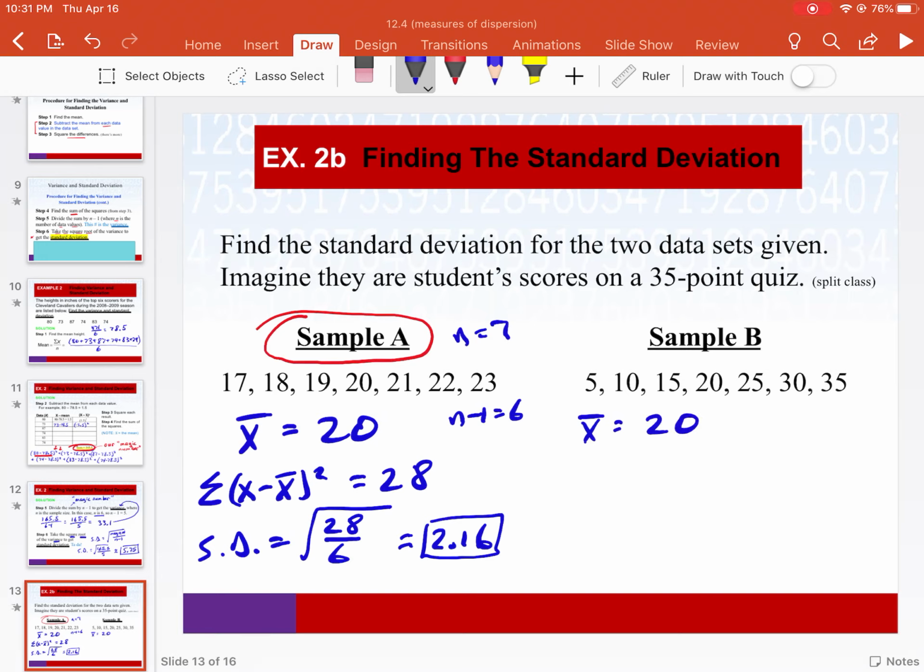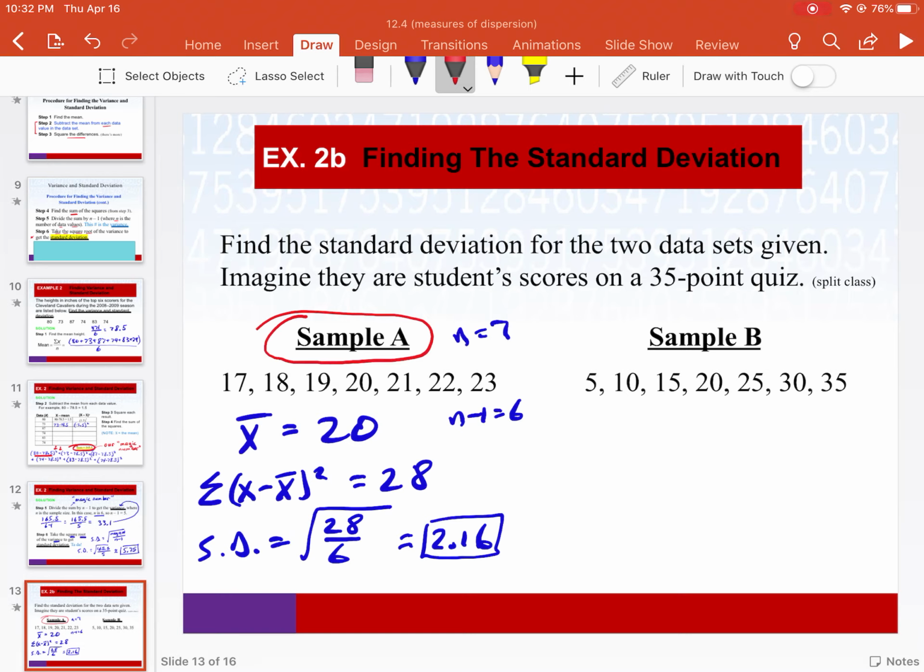So isn't this interesting? Here's what we're doing on this problem that I should have given you some context for. I am sorry, I just got excited about the calculator stuff. Here are two different classes that took a 35-point quiz. Sample A is 7 results and sample B is 7 results. If you just look at these two samples, which of the scores seem closer together?